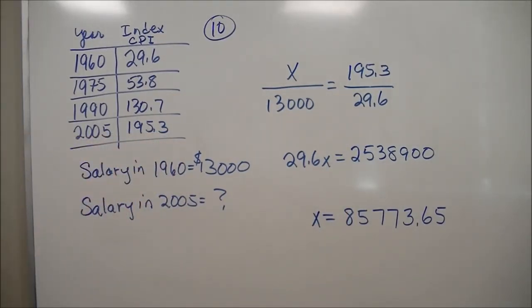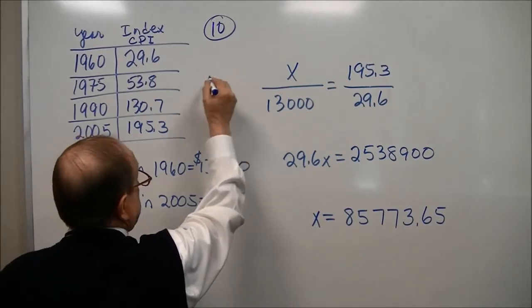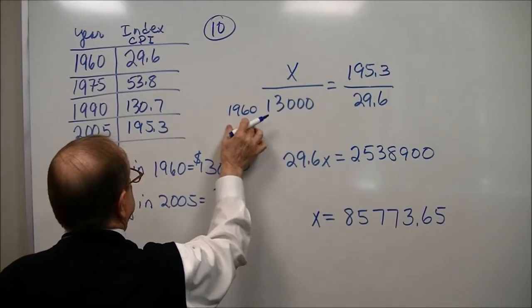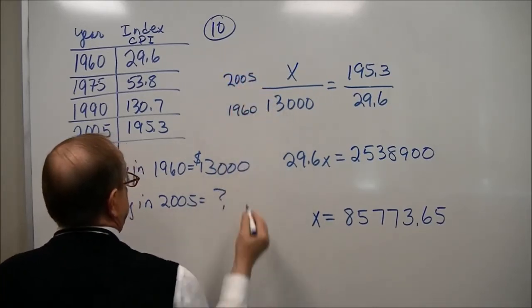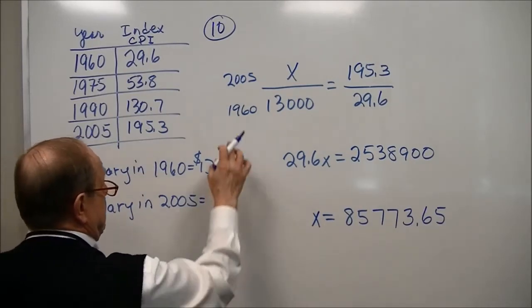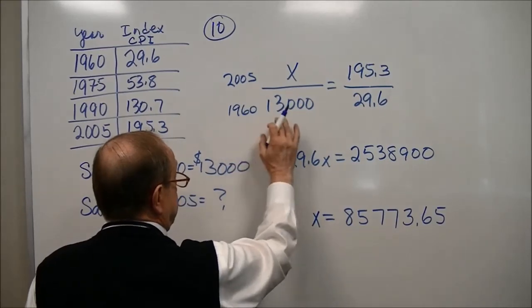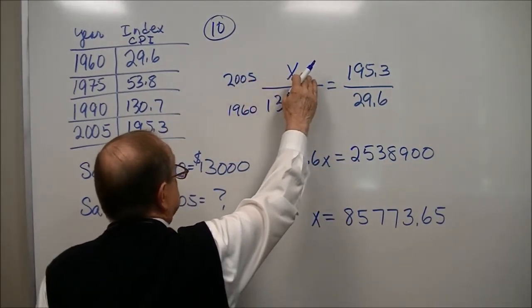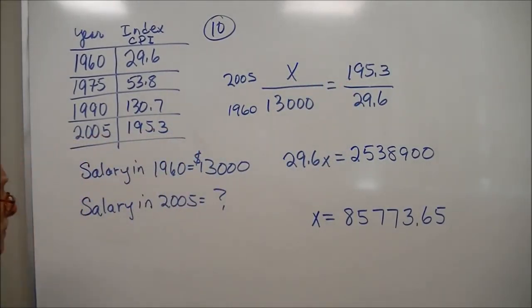So we're setting up a proportion where 1960 would be there and this would be 2005. So all of this line would be from 1960, and then 2005, we don't know the salary, but we know the Consumer Price Index.